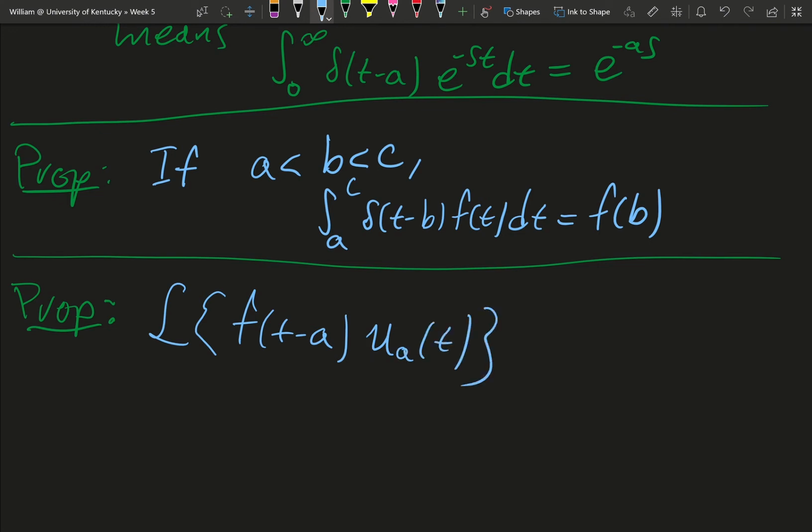So we're actually going to look at this case where we have a Heaviside function u starting at a and a shifted function itself.